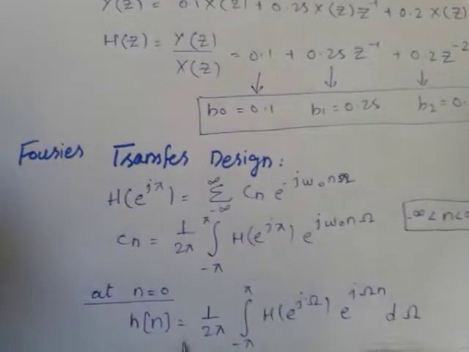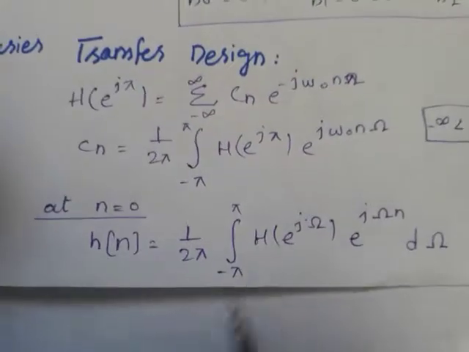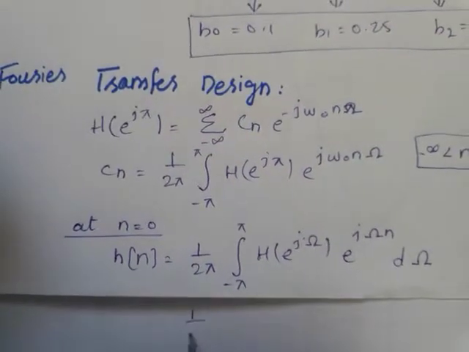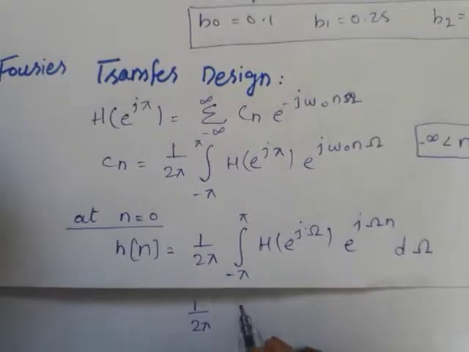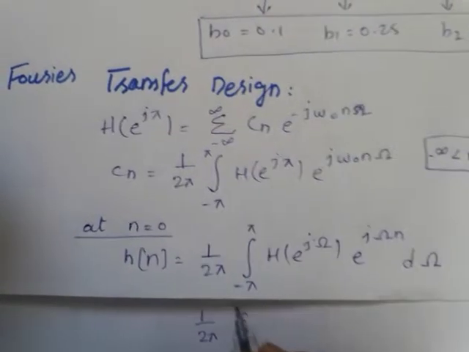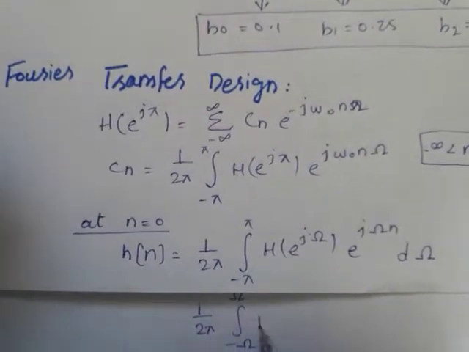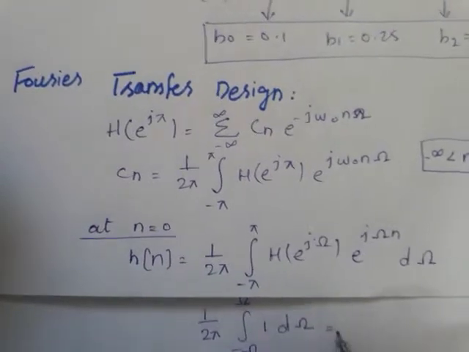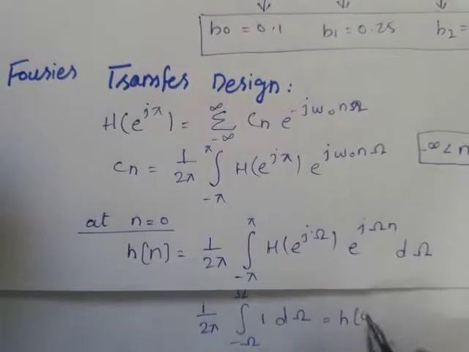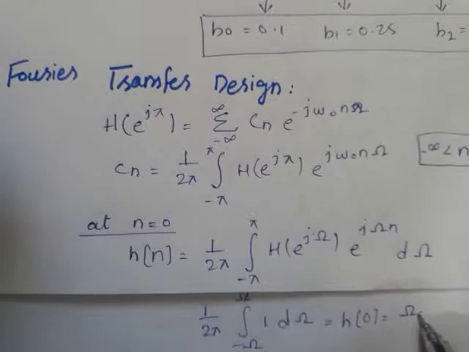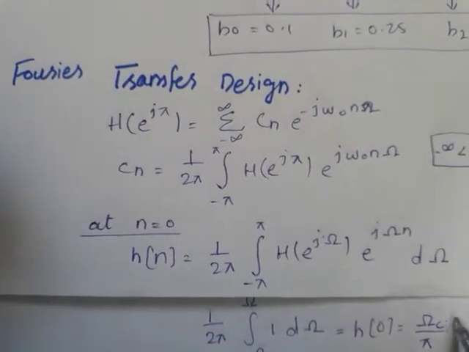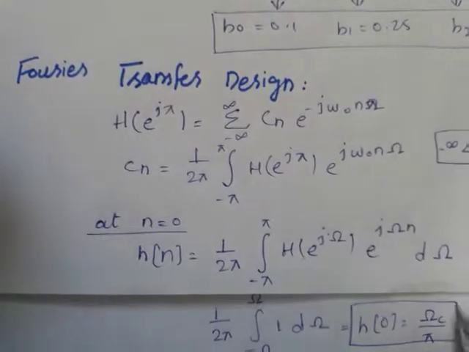When we put n equal to 0, then we get 1 by 2 pi integral minus omega c to omega c of 1 d omega, and here we get h of 0 equal to omega c divided by pi. So this is the value for n equal to 0.